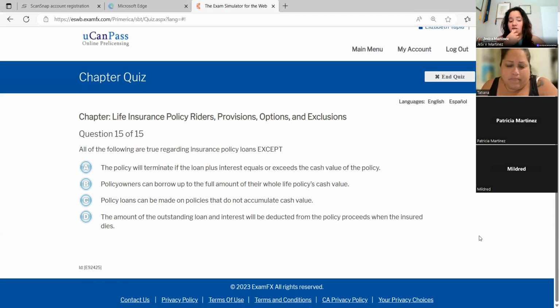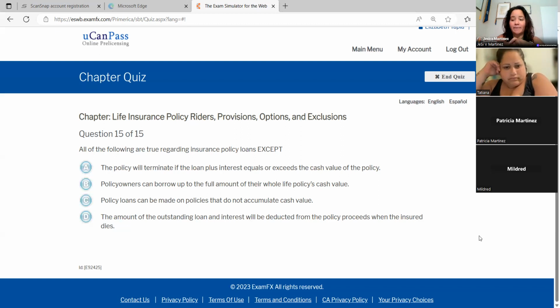Right, I think it's a given. So you're looking for the wrong answer, right? So what do we know about the policy loans on the cash value? If your loan is greater than the cash value that you have, then it will terminate that policy, because then you owe more than what you have. You can borrow up to the full amount that you have in there.